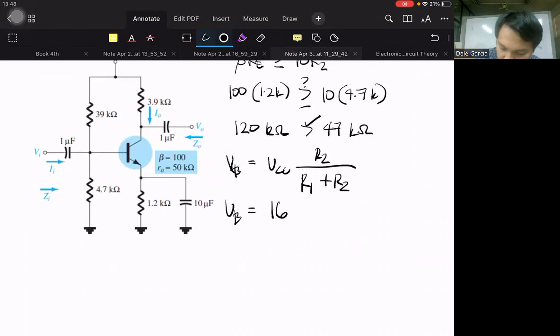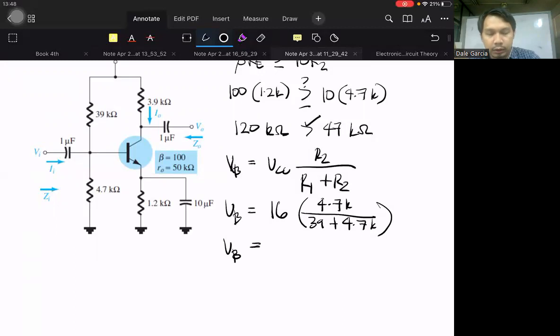R2 is 4.7K divided by 39K plus 4.7K. The answer to this one is about 1.72 volts.